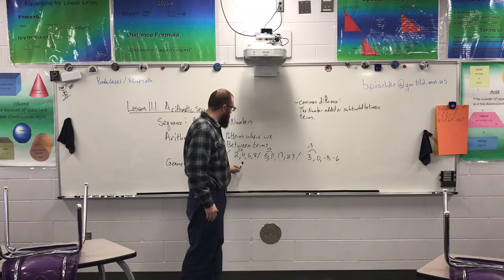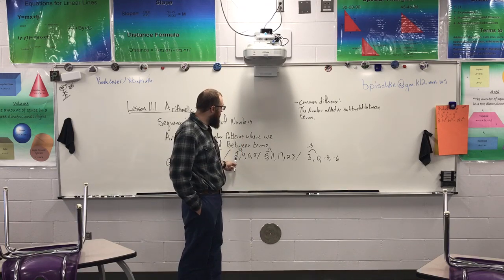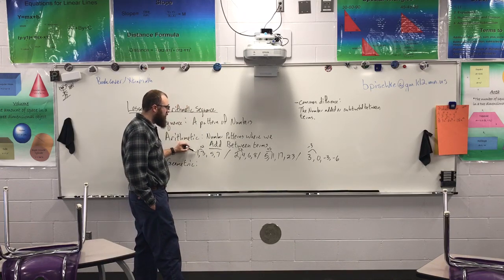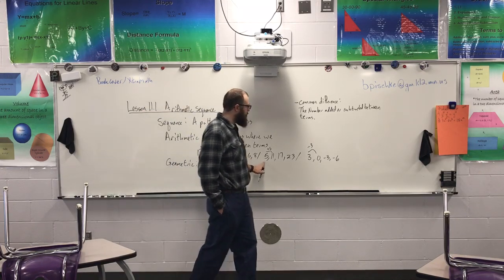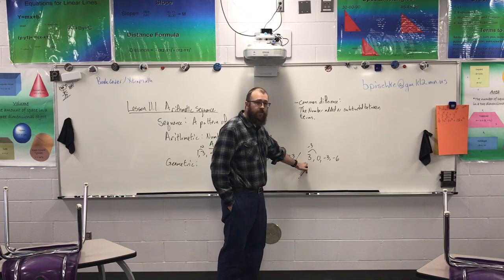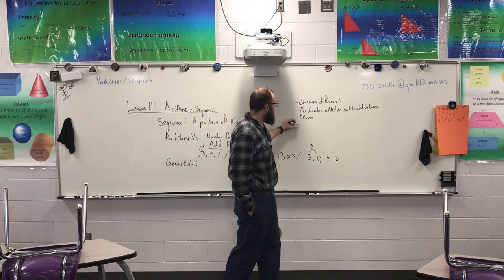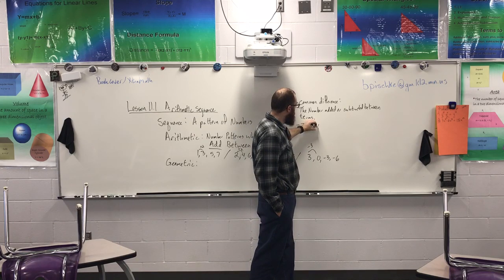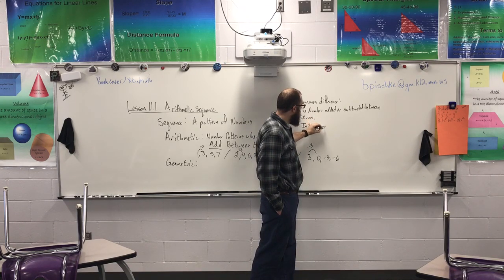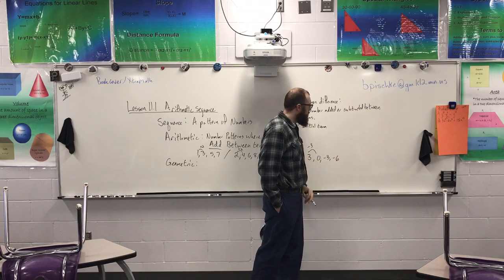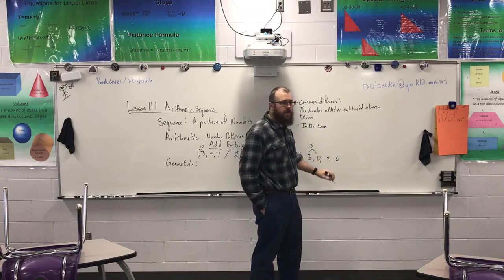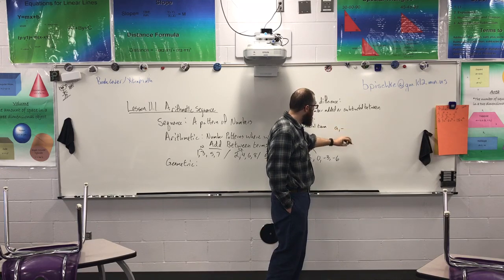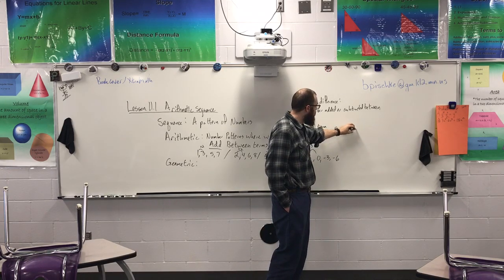This one happens to start at the same value as its common difference, but none of the rest of these do. This one started at 1, this one started at 5, this one started at 3. That initial term or starting point of our sequences is called A1 or term 1.